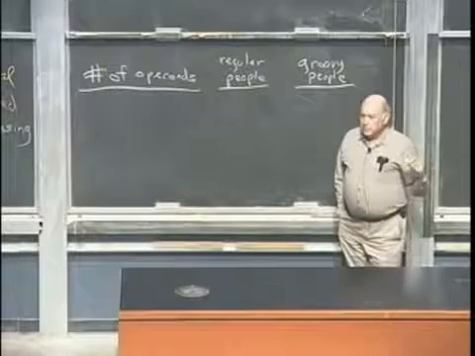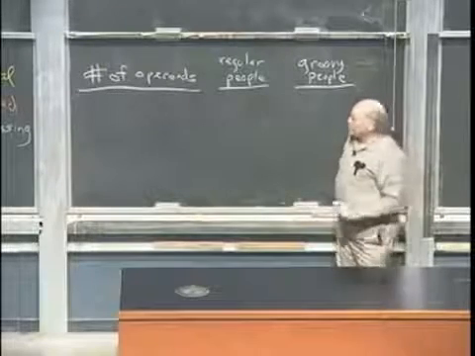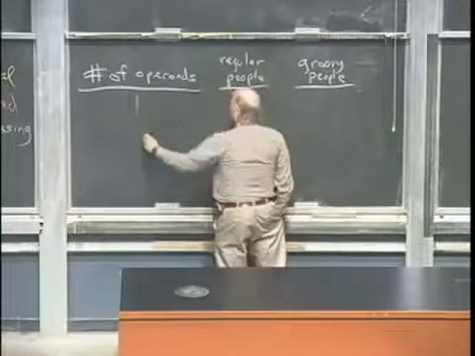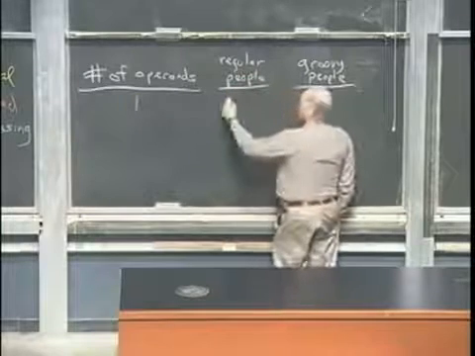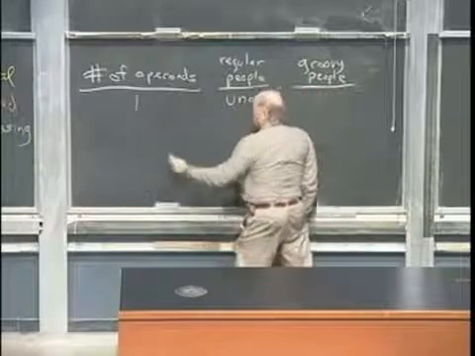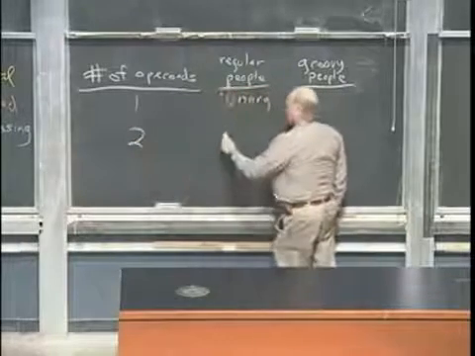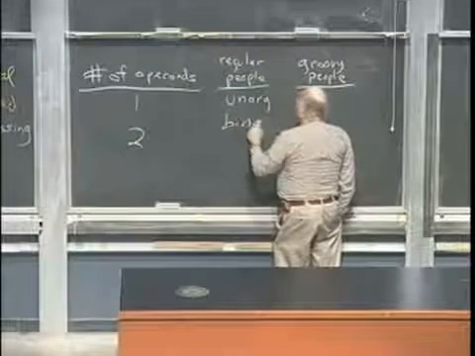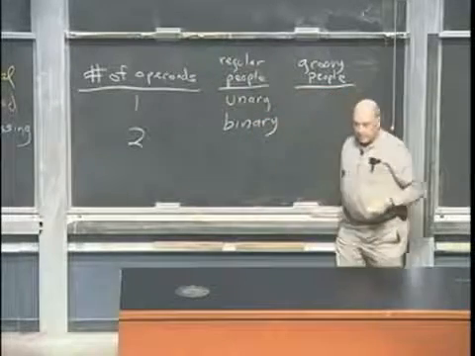In the literature, mostly, you will see something with 1 operand called a unary operator, something with 2 operands called a binary operator.